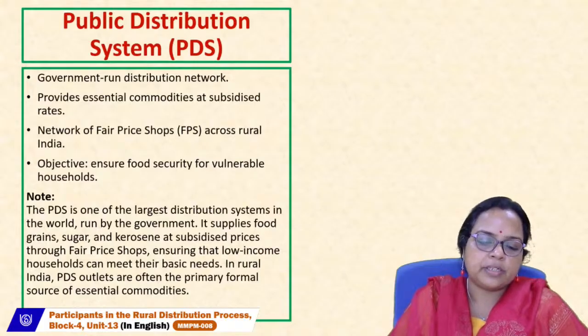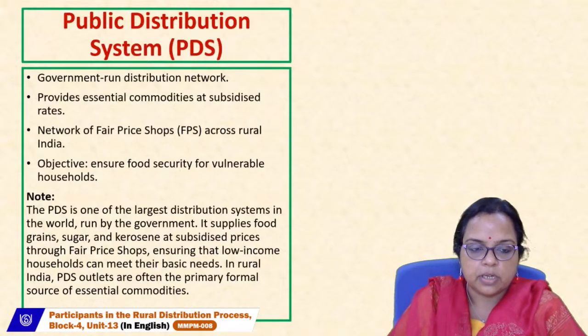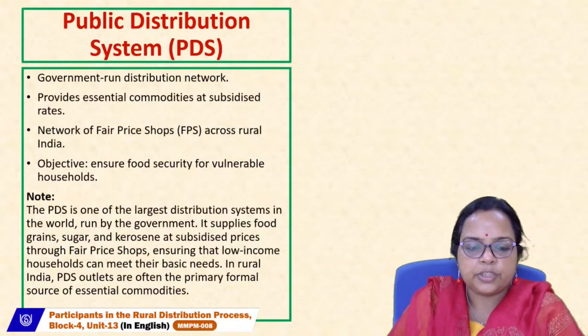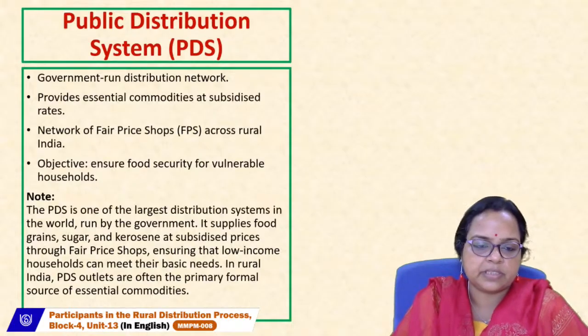It supplies food grains, sugar, and kerosene at subsidized prices, which in local language we call control shops. They run the shops with a fair price policy to ensure that low-income households can meet their basic needs by purchasing these items at a fair price.